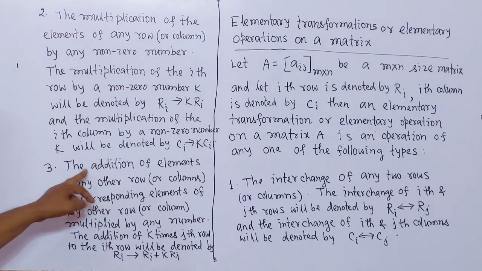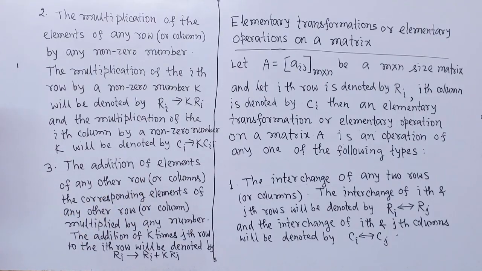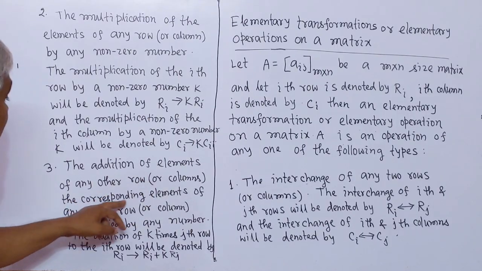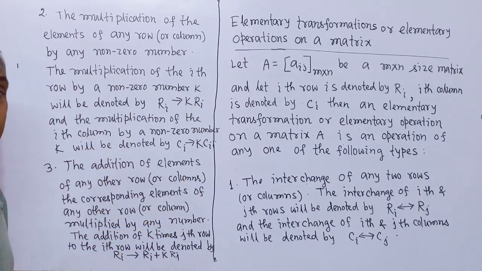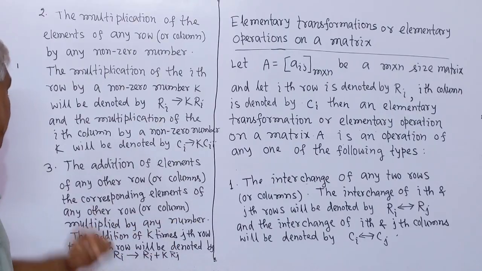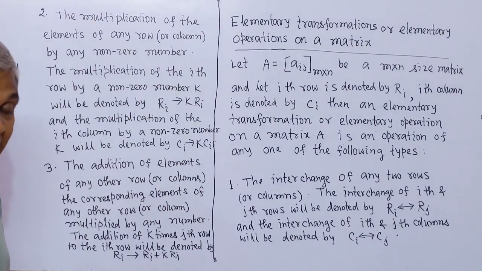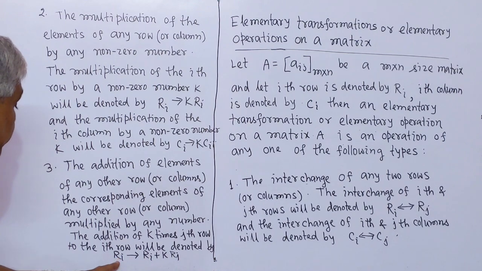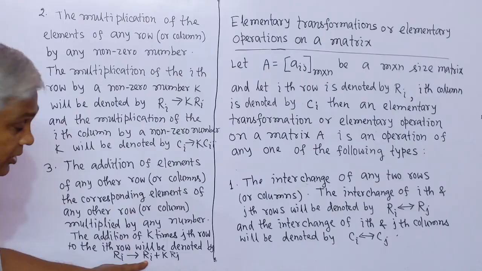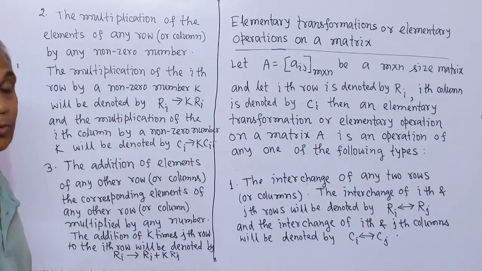Number 3, the addition of the corresponding elements of any other row or any other column multiplied by any number. The addition of k times the jth row to the ith row will be denoted by Ri ⟹ Ri + kRj, which means in the position of the ith row Ri, we write the elements of the ith row Ri plus k multiplied by the elements of the jth row.